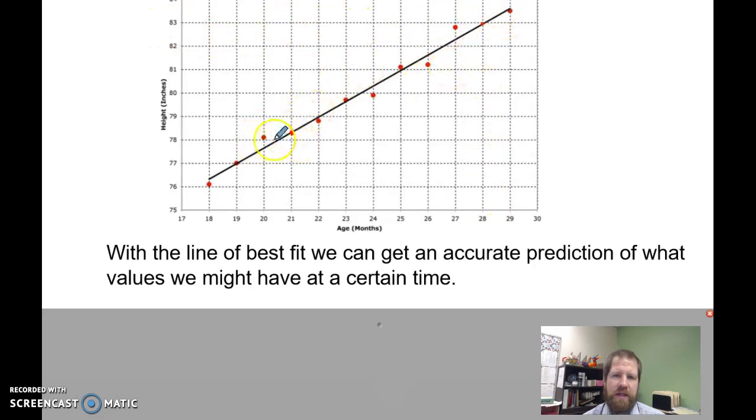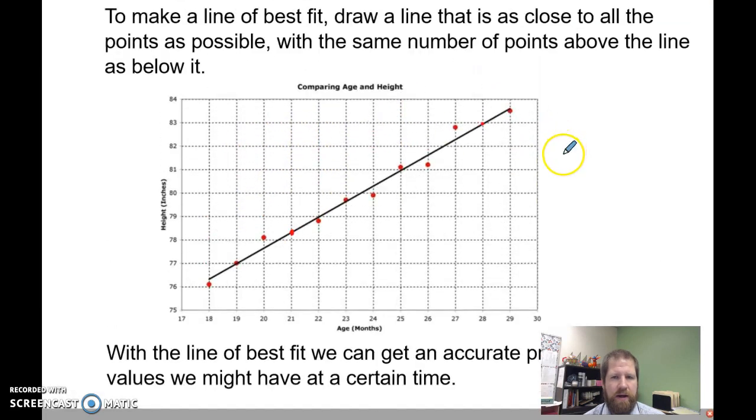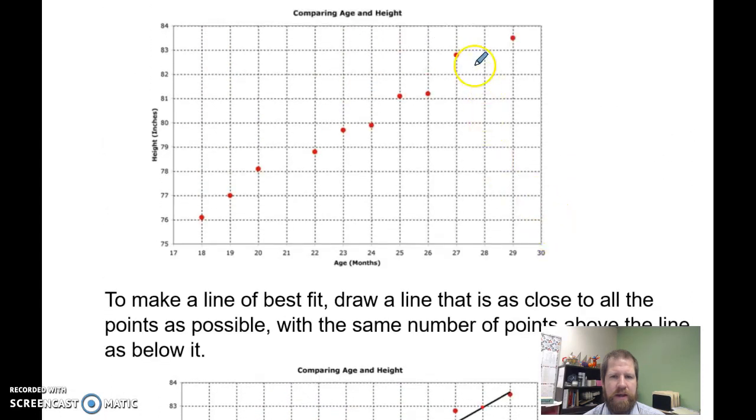And with something like this, where you have such strong correlation, and our gaps in data are pretty small, right? We've only got one here that we are missing, but we've got one on each side of it. Even without the trend line, we can kind of see that on our scatter plot.